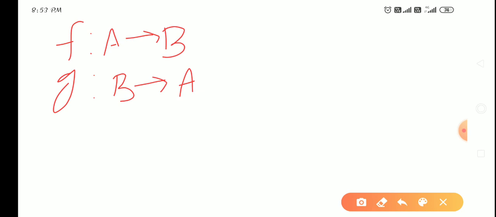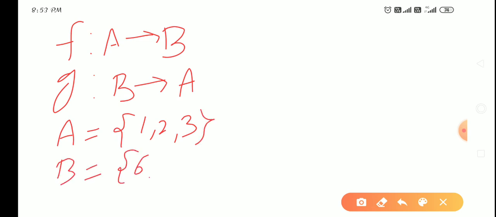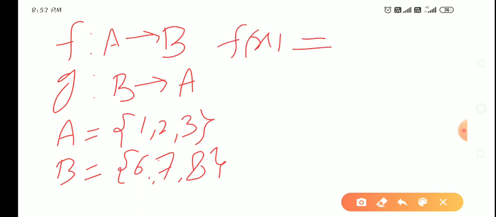If such type of functions you are having, then you can say they are the inverses of each other. Now how is it possible? Suppose we are having A equals {1, 2, 3}, set B equals {6, 7, 8}, and function f is defined as f(x) equals x plus 5. Now domain of the function f, as you know, is A. So from A you can put the values of x and see the result.